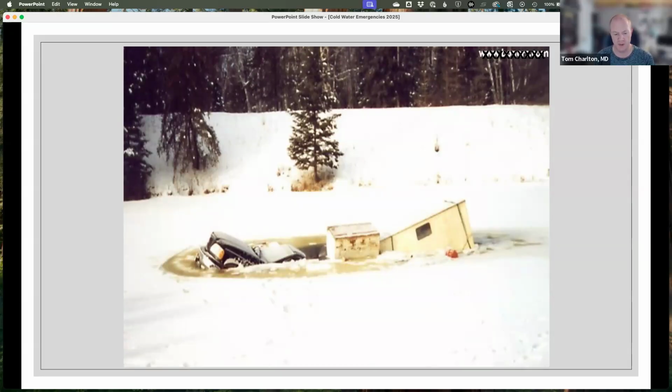And so the way we would self-fund ourselves is, somebody would break through the ice or go into a body of water, and we'd charge them $2,000 to hook up the tow truck to the vehicle and pull them out. And people would happily pay that.